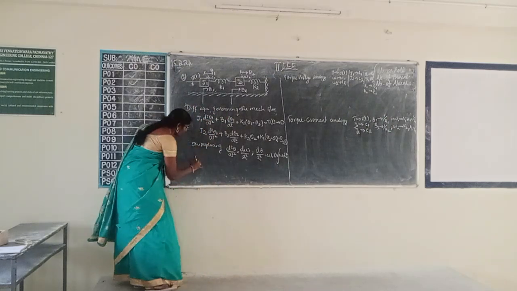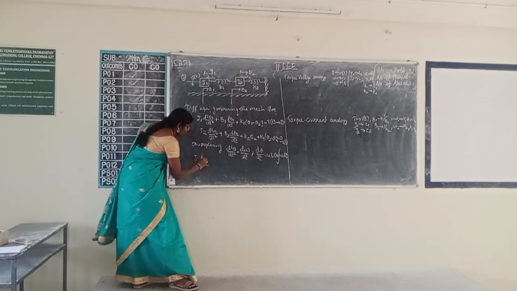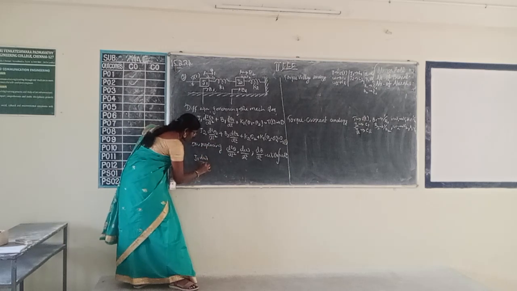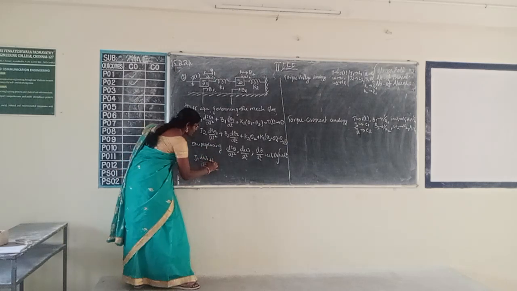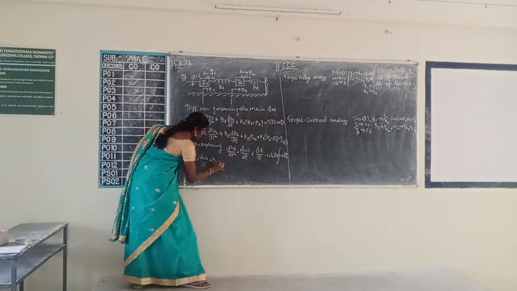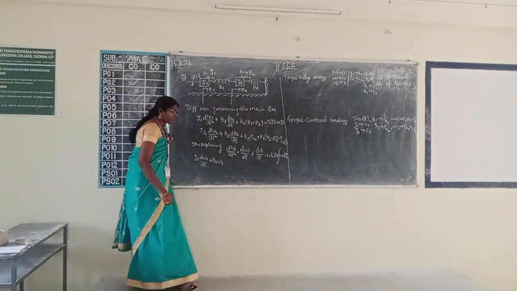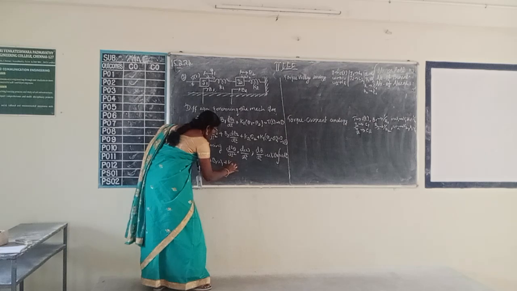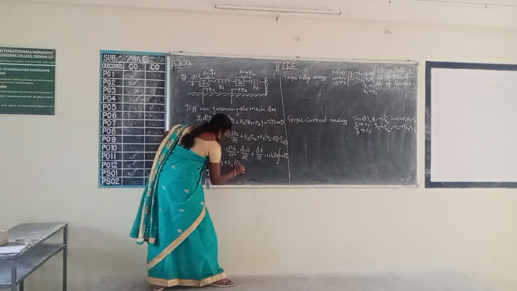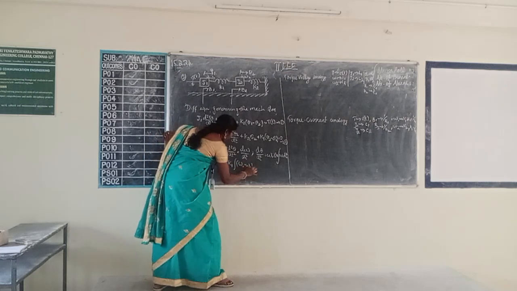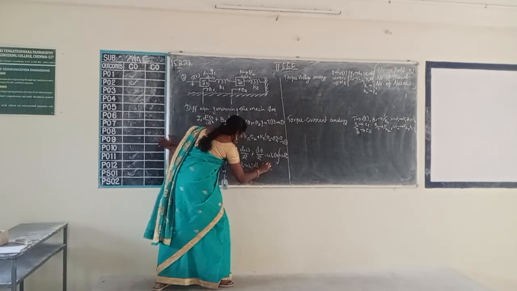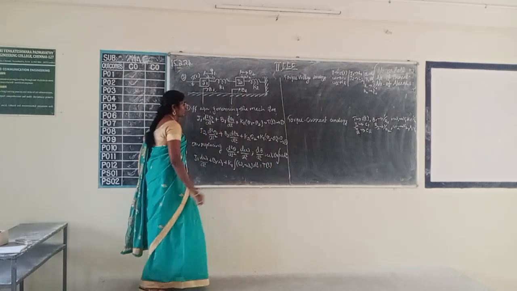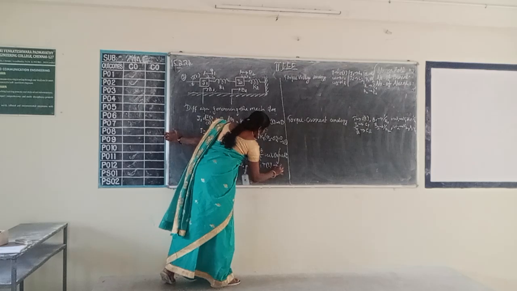So it will be like J1 d omega1 by dt plus B1 omega1, correct, plus K1 integral of omega1 minus omega2 dt is equal to T of t, where this is equation number 3.